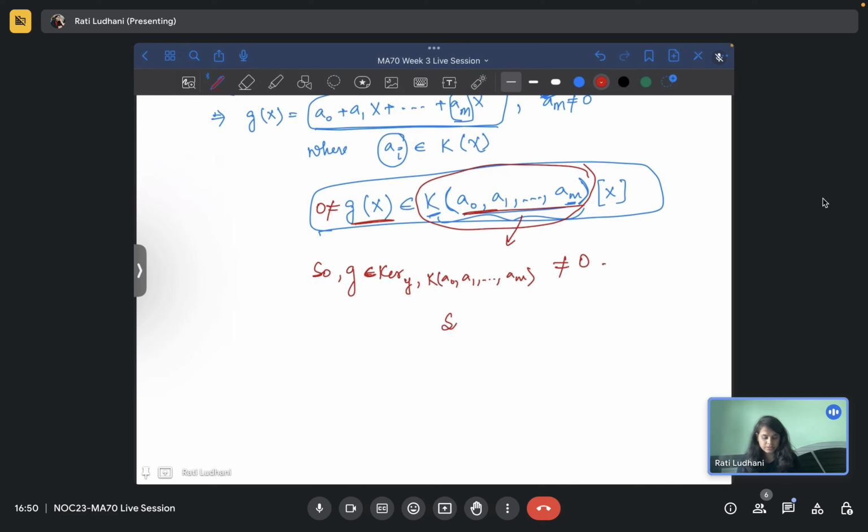So y is algebraic over K(a0 up to am). Is that okay now?